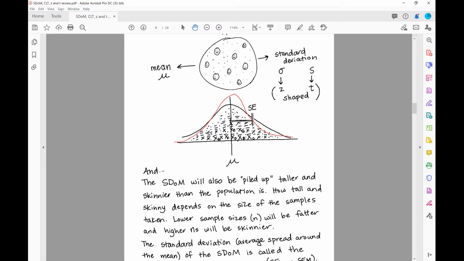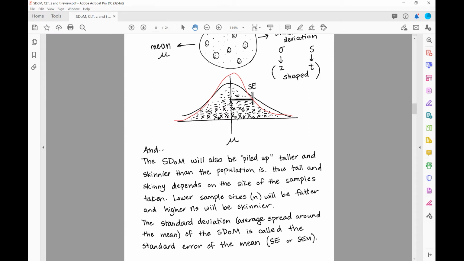We're basically drawing in, getting closer and closer to that mean. If we have a low sample size, if we don't have very many people in our sample, then it's going to be a fatter curve. Whereas if we do have a high sample size, it's going to be a taller, skinnier curve. So the shape of like how tall and skinny it looks, that's going to depend on how many people are in our sample.